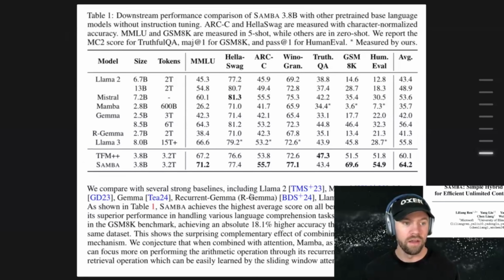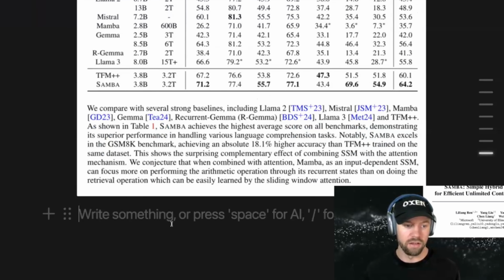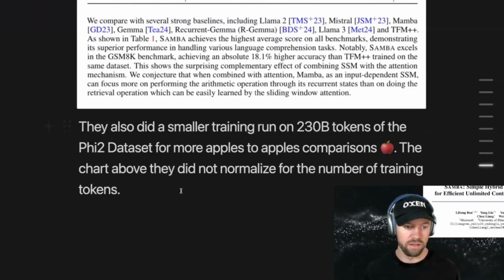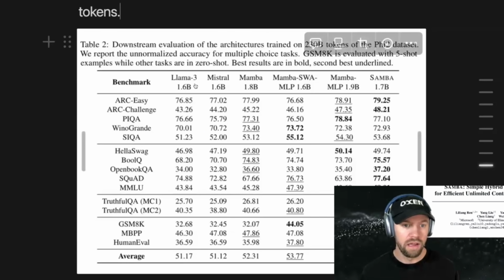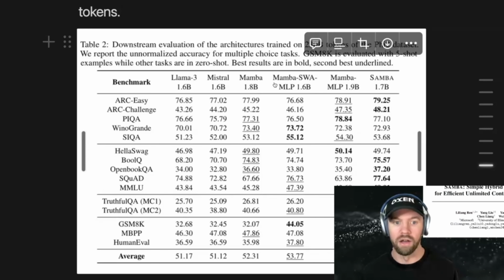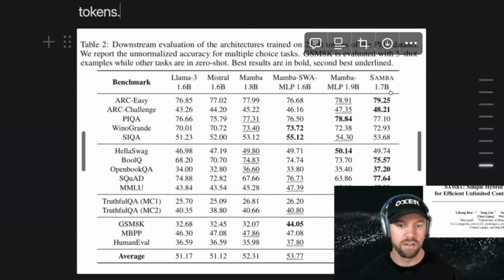And so then the next question is, what if you compare the same thing with consistent model sizes and consistent training data sizes? So in this case, they take the Phi-2 dataset, which is 230 billion tokens, and they train Llama 3, Mistral, Mamba, and Samba all around the same parameter count, because you can't get it exactly the same with the different architectures.